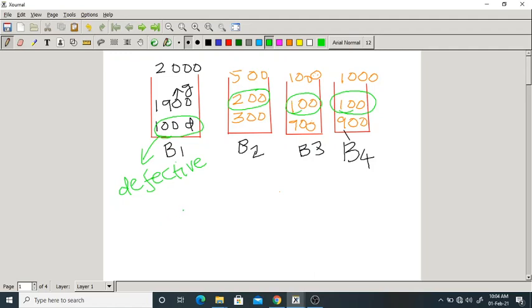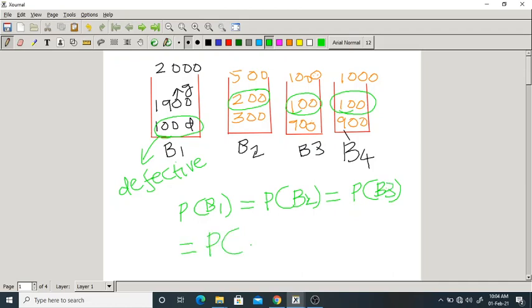So first of all, I told you already, we select a component randomly from any one of these four boxes. Now what is the probability of selecting box B1? It will be the same as the probability of selecting box B2, the same as the probability of selecting box 3, and equal to the probability of selecting box 4.